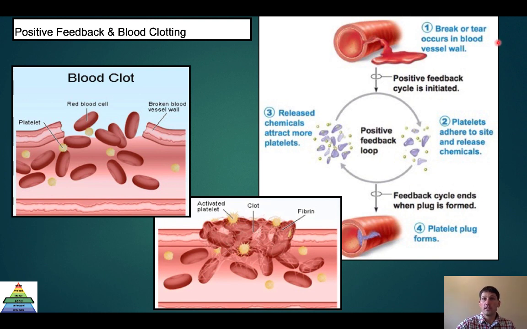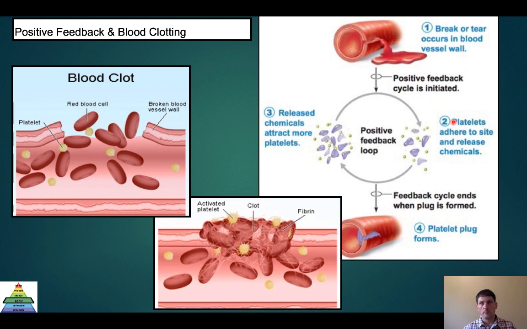Okay, so here we have a break or tear, and we stimulate a positive feedback cycle. So platelets will then be sent to our damaged blood vessel. They release chemicals to stimulate more platelets to come back to our damaged blood vessels.